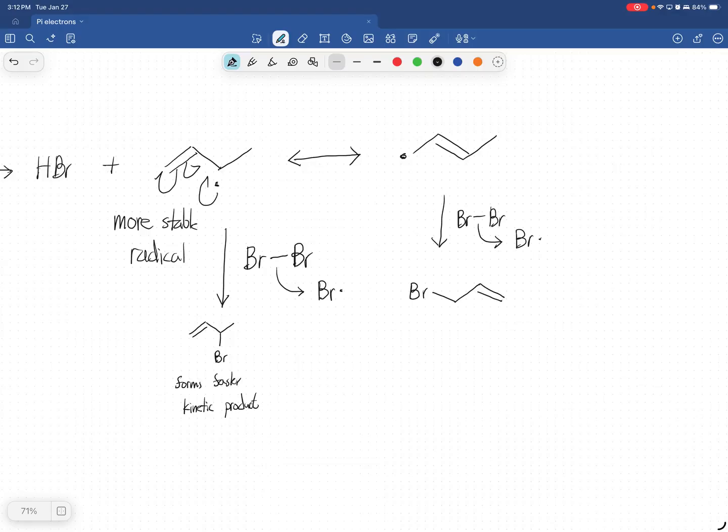So we've added this bromine to the terminal carbon atom, okay? So here we have the more stable product, more stable. Here is more stable because the more substituted alkene is formed. More substituted alkene is formed. Okay? And so this is the thermodynamic product.